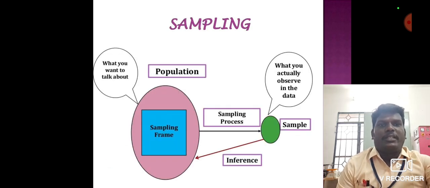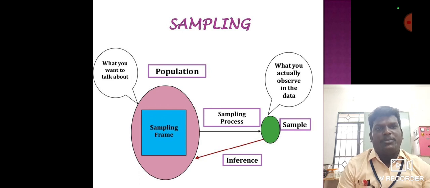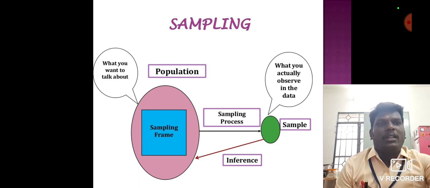In the picture, the blue color indicates the sampling frame and the pink color is the total population. The green circle is the sample. So we need to observe the sample, then we can finally conclude about the whole population.